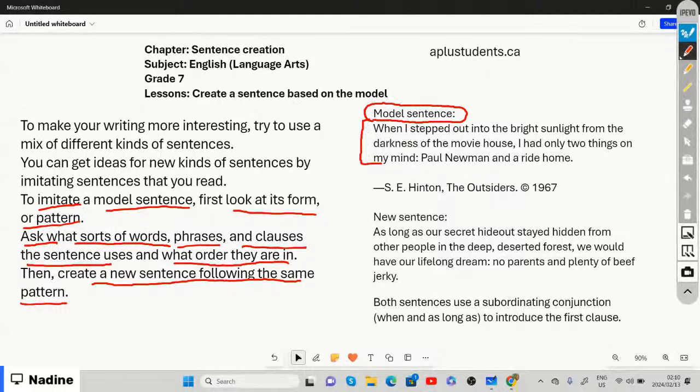Our model sentence is: "When I stepped out into the bright sunlight from the darkness of the movie house, I had only two things on my mind: Paul Newman and a ride home."